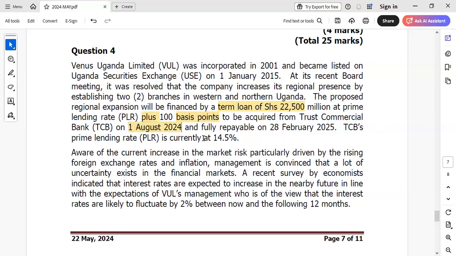The date on which you are going to acquire the loan matters a lot.